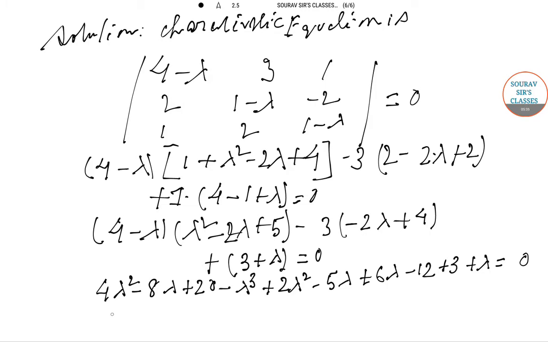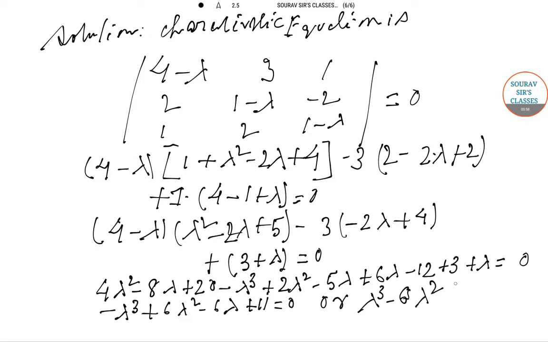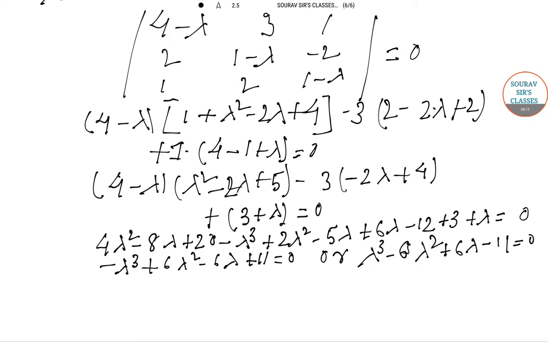Okay, so minus lambda cube plus 6 lambda square minus 6 lambda plus 11 is equal to 0, or lambda cube minus 6 lambda square plus 6 lambda minus 11 is equal to 0. So we got it.